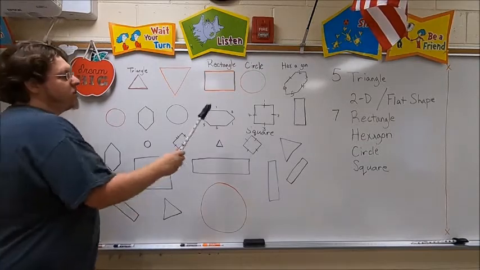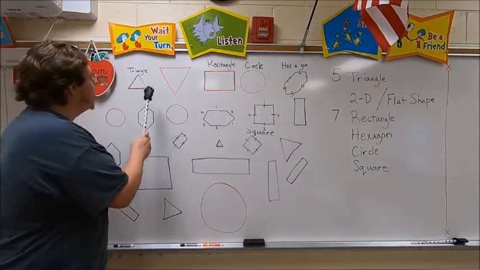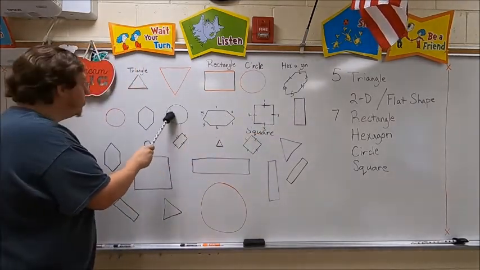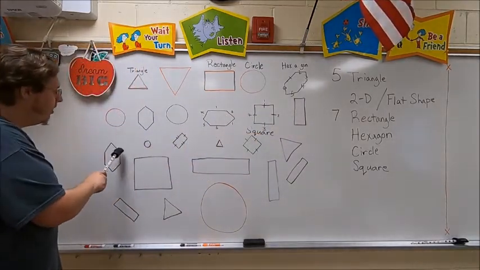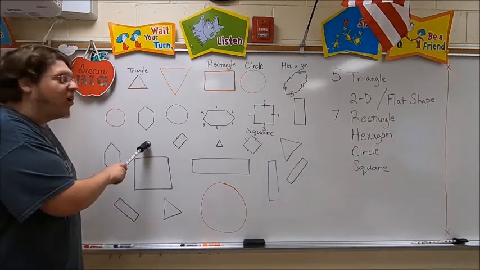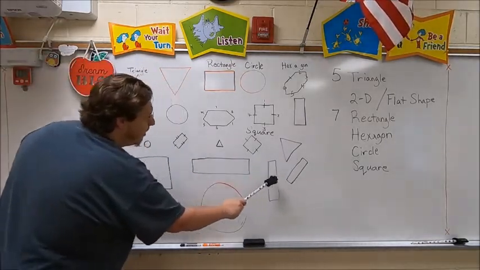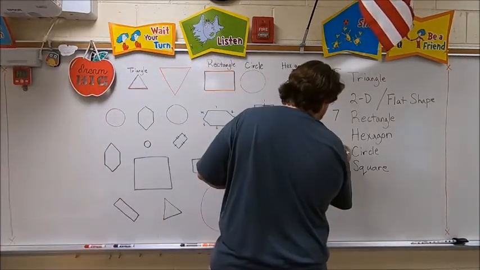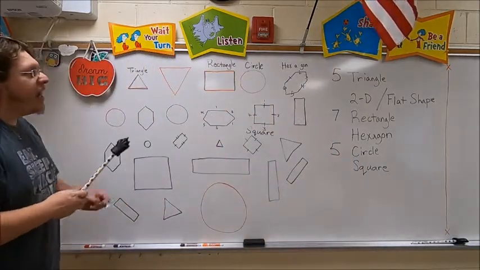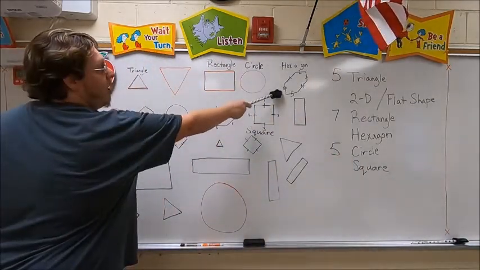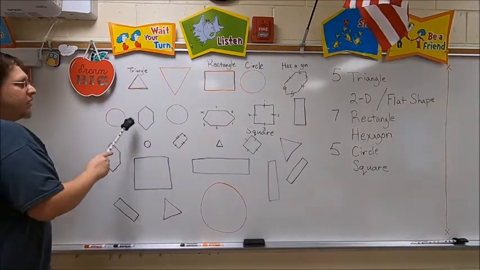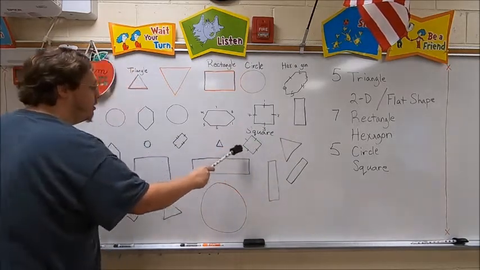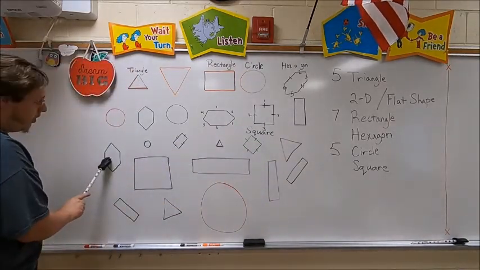Let's go on to circles. How many circles do we have? 1, 2, 3. There's a tiny one. 4, 5. There are 5 circles. How many hexagons do we have? 1, 2, 3, 4.